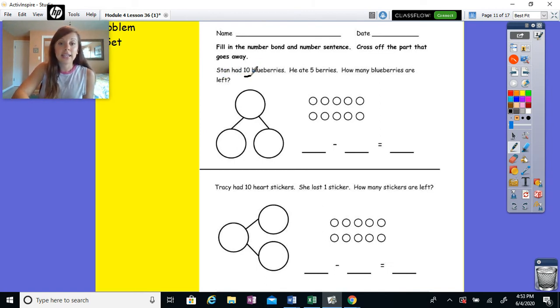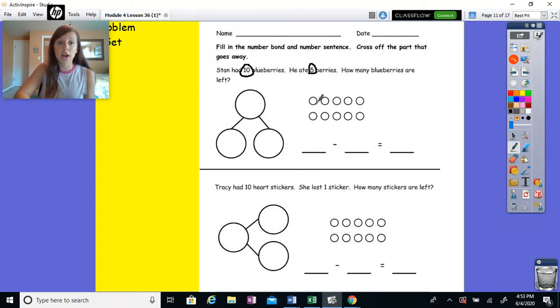Stan had 10 blueberries. He ate 5 berries. How many blueberries are left? Okay, so lucky for us, the picture is already done for us. They put 10 circles, that's representing the blueberries, okay? He started with 10, he eats 5.